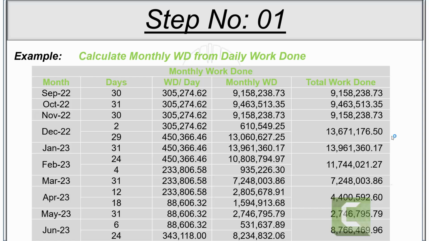For example, in September 2022, total days is 30, burden per day is 305,274. Multiply this by 30, so our monthly burden is 9.158238 million dollars in September 2022, and so on.